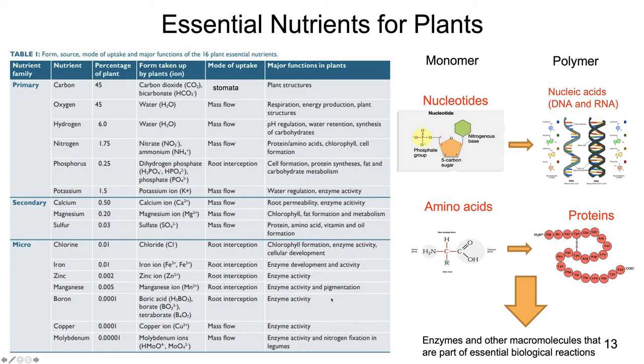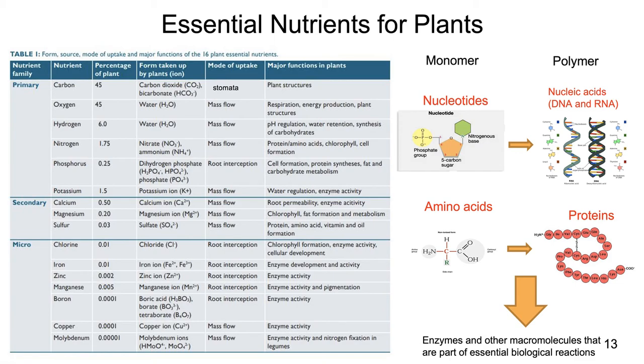Like proteins, for example, enzymes are proteins. And so any enzymatic reaction that a plant does ultimately has to involve proteins. Ultimately, the plant has to get the individual elements from the environment that make up the amino acids that form those proteins. And you can say that about any major macromolecule that's required for an essential biological reaction that a plant does.